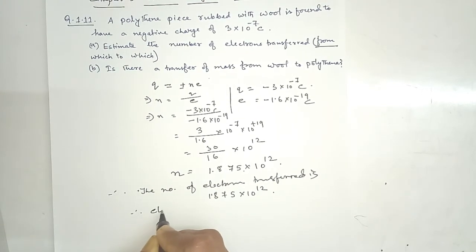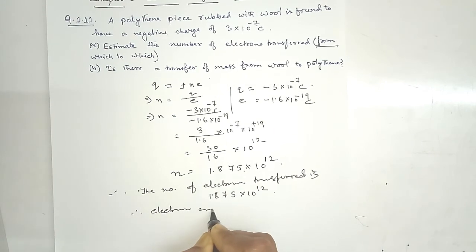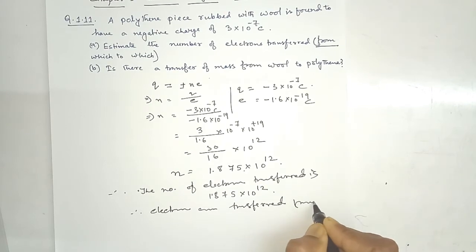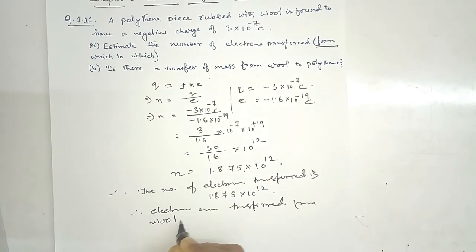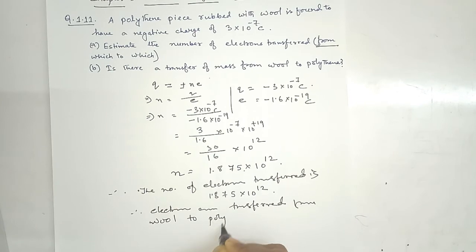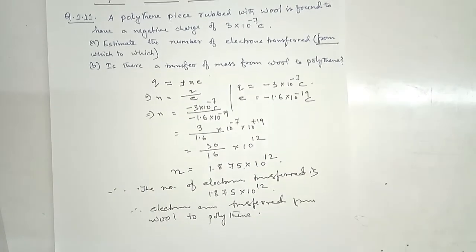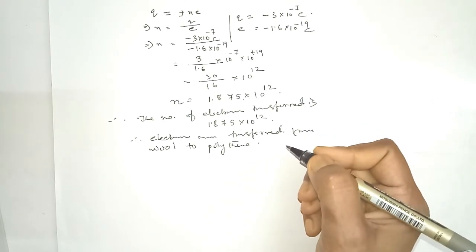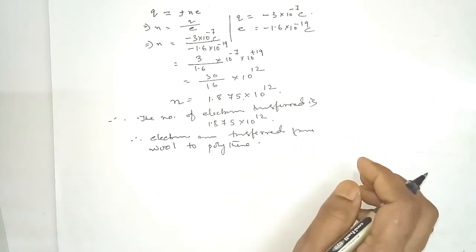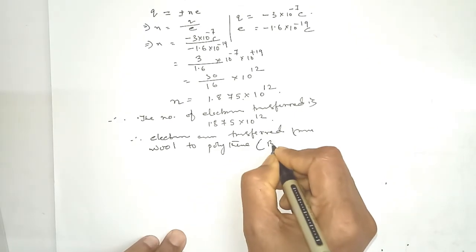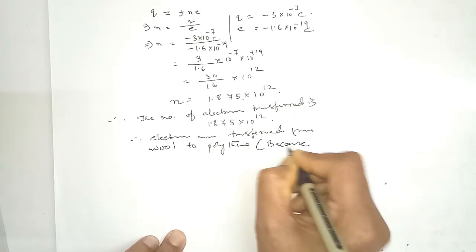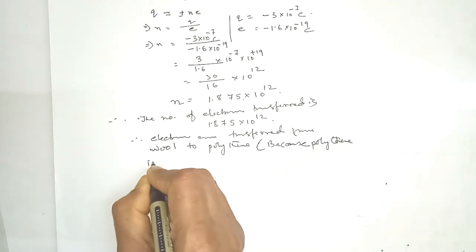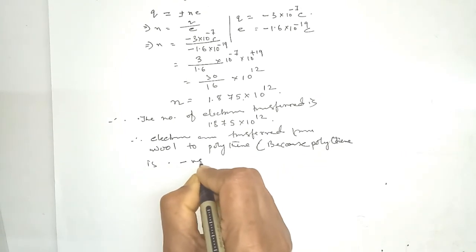Therefore, electrons are transferred from wool to polythene, because polythene attains the negative charge, that means it gains the electrons.